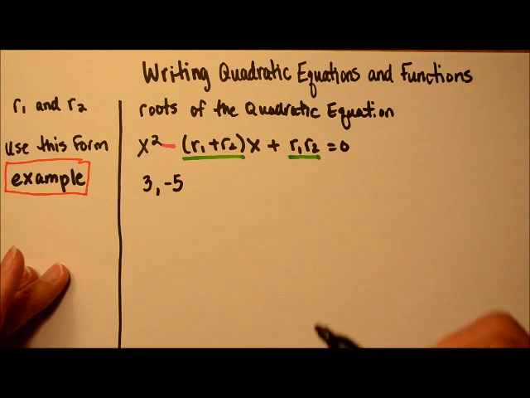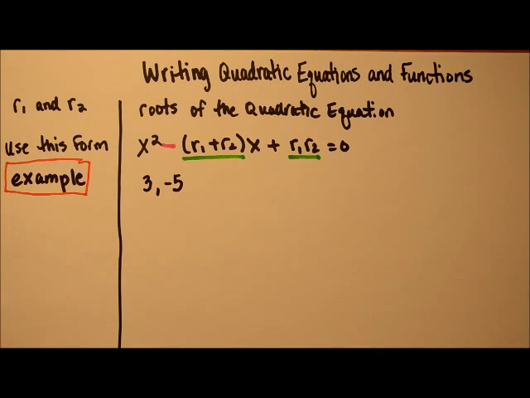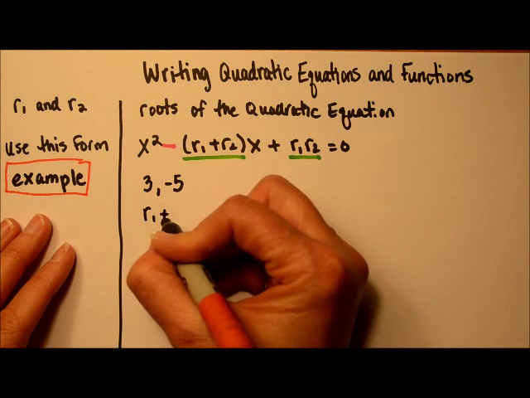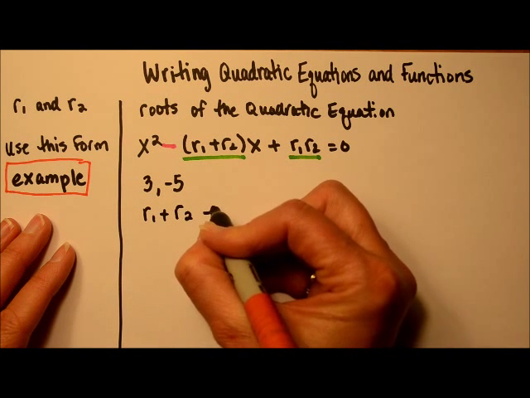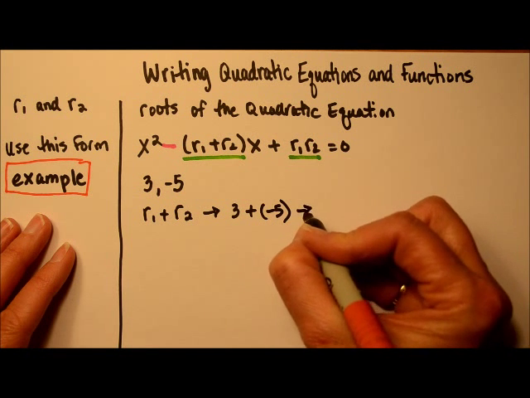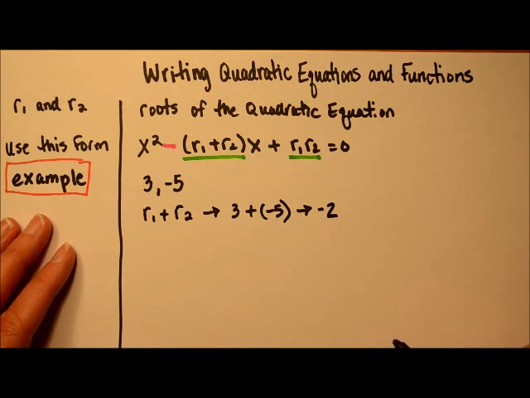Those are my two roots, and now they want a quadratic equation. All I have to do is find R1 plus R2, which would be 3 plus -5, which would be -2, right?